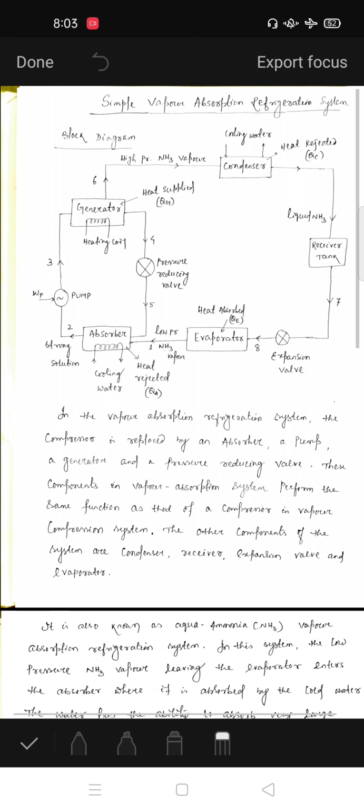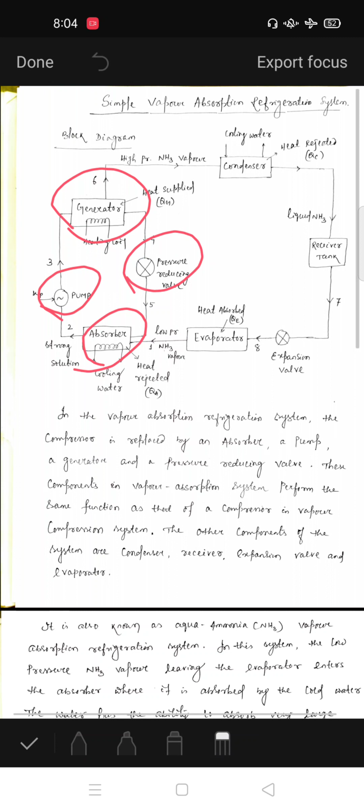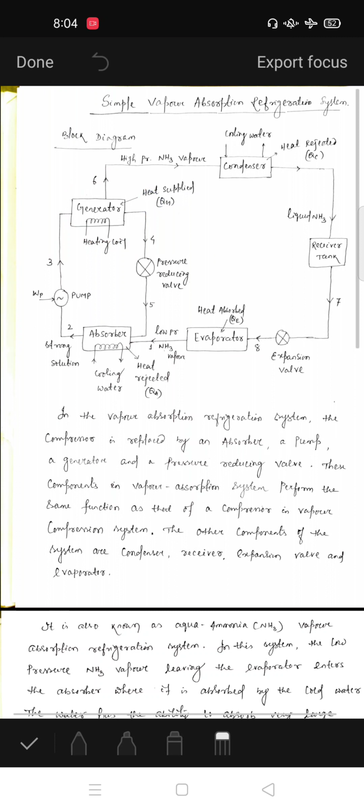Students, it is also called the aqua ammonia vapor absorption refrigeration system. What happens here in the vapor absorption refrigeration system is that the compressor is replaced by the absorber, a pump, a generator and a pressure reducing valve. So the compressor is replaced by these four parts.